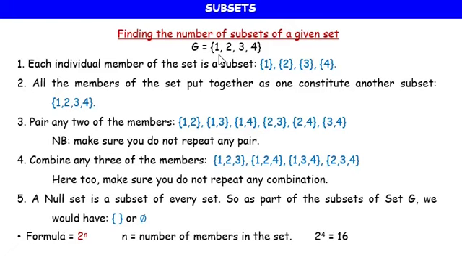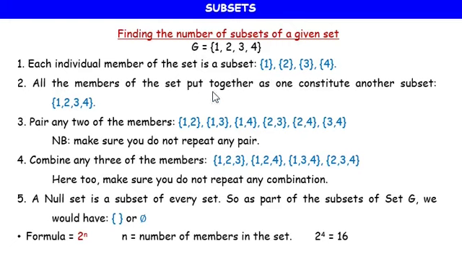Usually you can be asked to determine the number of subsets of a given set, or list the various subsets present in a given set. We are going to follow these simple steps, these simple rules, to help us list all the possible subsets of a given set.